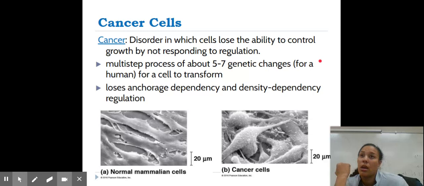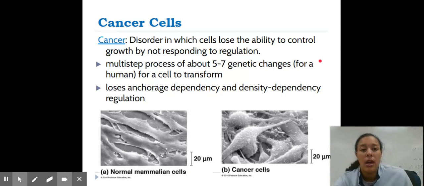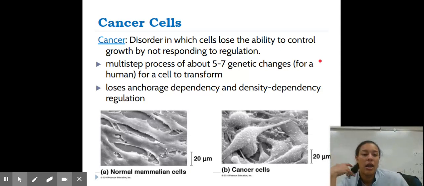Usually there's multiple mutations that are happening with the genetic material or with the cell itself. And then they are able to bypass those checkpoints. And so those mutations hang around, and we are unable to regulate that. And so that's where it goes into the category of cancerous cells.